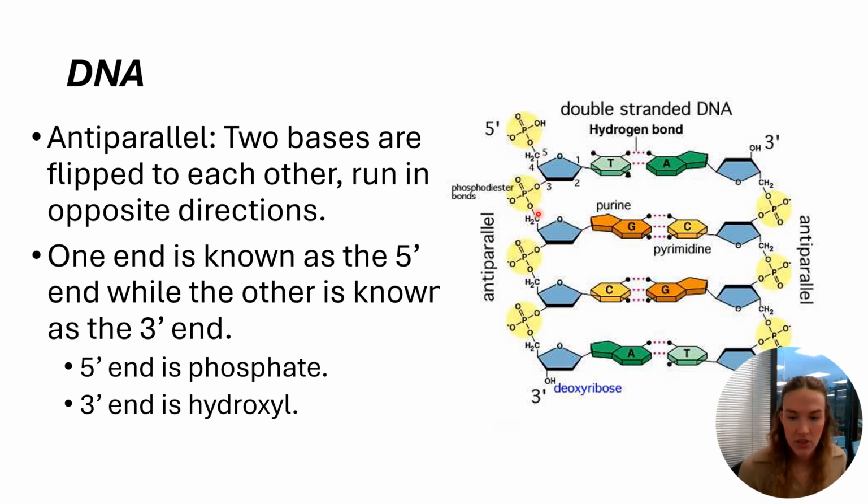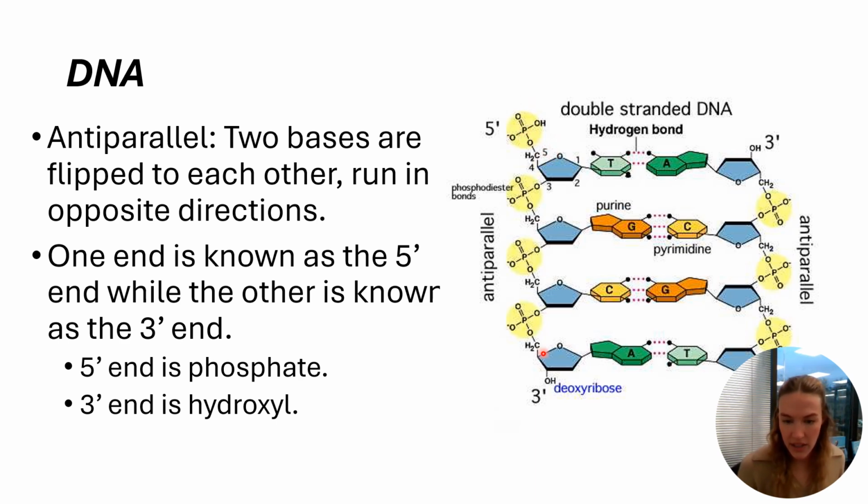Now if we go all the way to the other side of the DNA molecule, we still start here with the 1. The 1 is connected to the nitrogenous base. 2, 3, and this side is connected to the hydroxyl. So if we are reading this DNA strand from one end to the other, the furthest end on one side is the phosphate group, and that's connected to the 5' carbon.